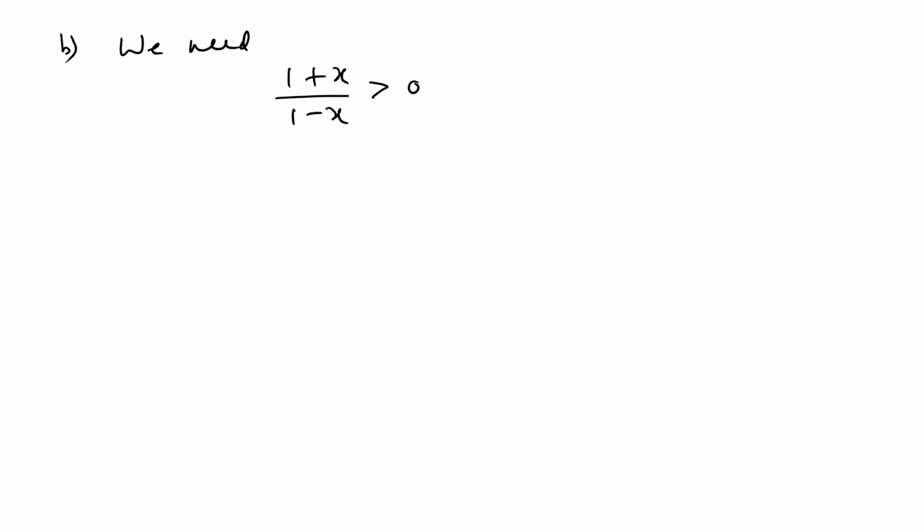This is simply an inequality problem, and we have solved several earlier. To solve it, we need the zeros from the numerator and the denominator: -1 from the numerator, 1 from the denominator.